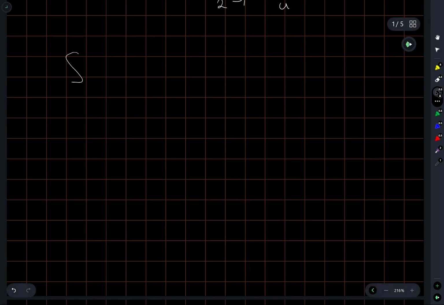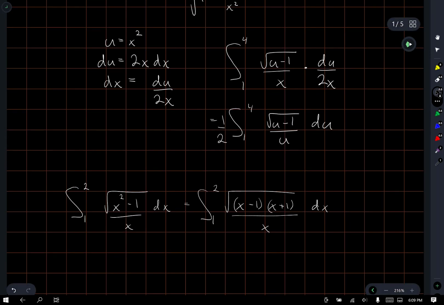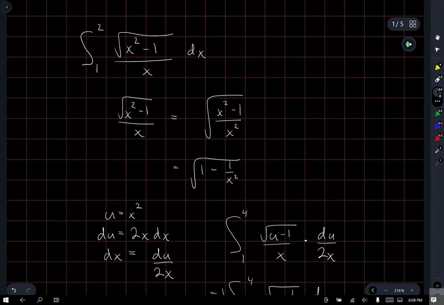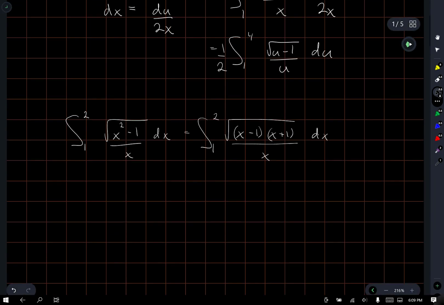Maybe I'll come back to that. See if we can just look at the original problem in a different way. I almost feel like, again, there might be a trigonometric thing going on in the background here.